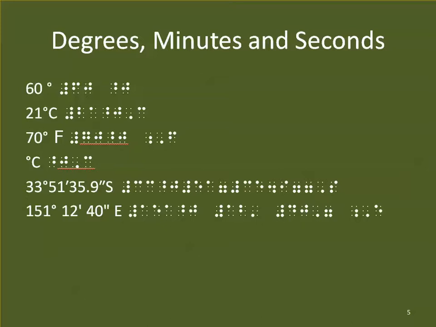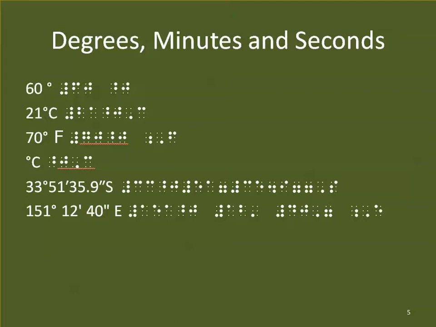If we have, say, a surveyor's notation, sort of like on a globe or something like that. 33 degrees, 51 minutes, 35.9 seconds south. We braille exactly what we see, and we're going to use the true prime signs there because they're slanted, and it's not spaced because it's not spaced in print.